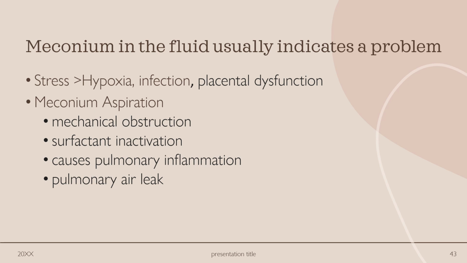We already talked about surfactant inactivation. Also, that meconium is kind of caustic to the lungs and creates a pulmonary inflammation. And as we looked in that previous diagram, can cause pulmonary air leak.